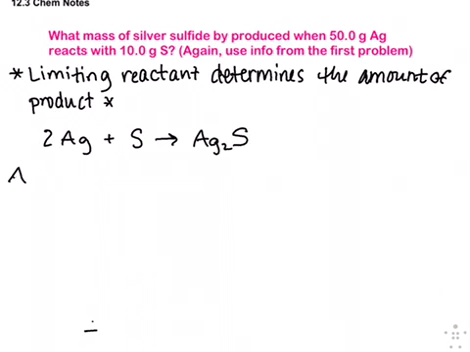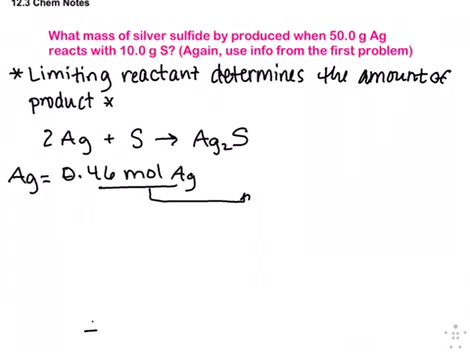Your limiting reactant was silver, and that one used up 0.46 moles of silver. So then we just need to convert this moles of silver into grams of silver sulfide. So again, just stoichiometry problems from yesterday. So your starting point is 0.46 moles of silver.